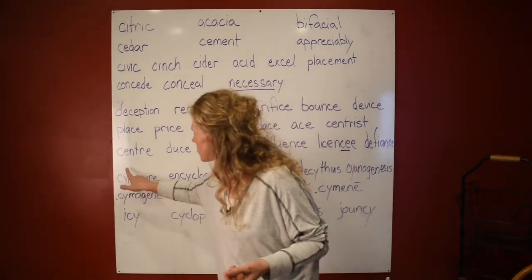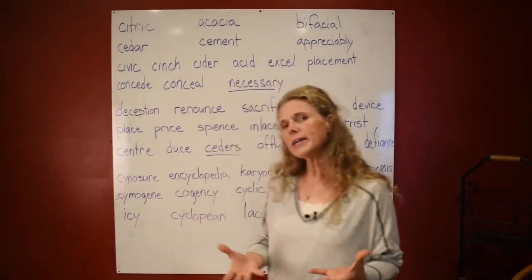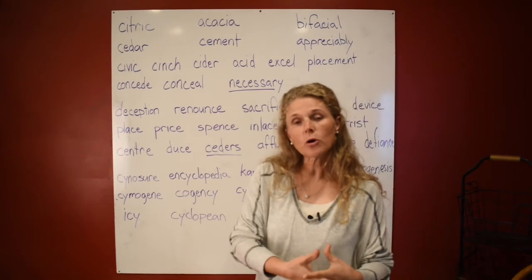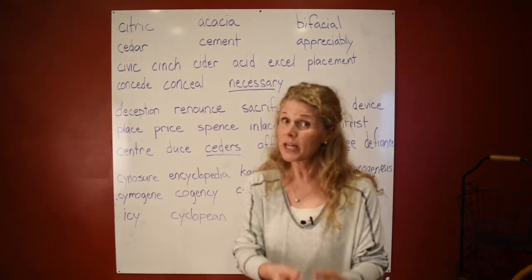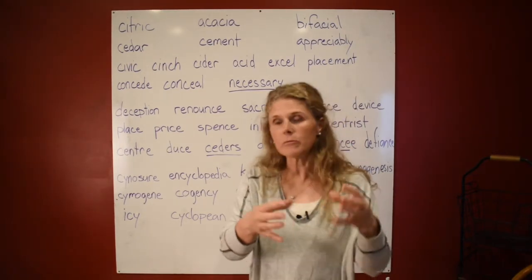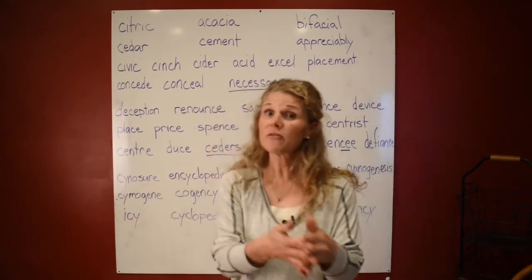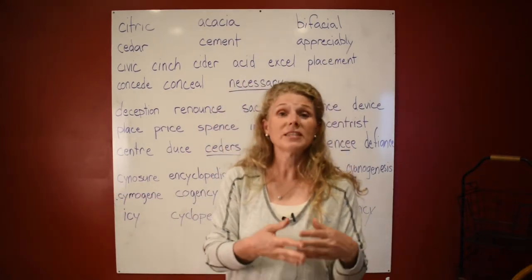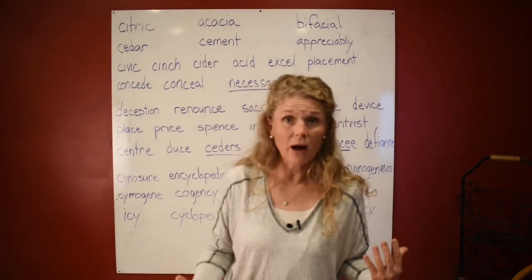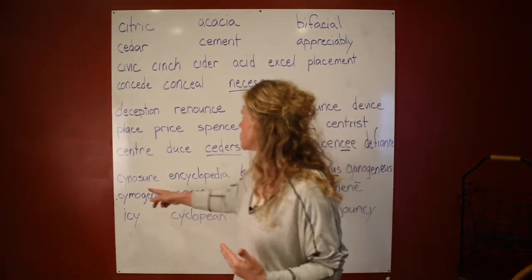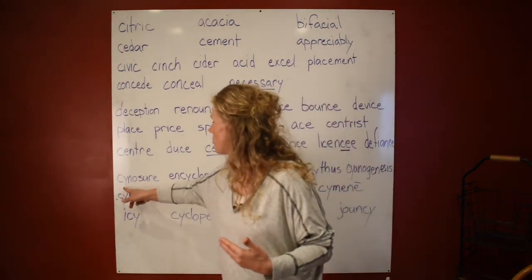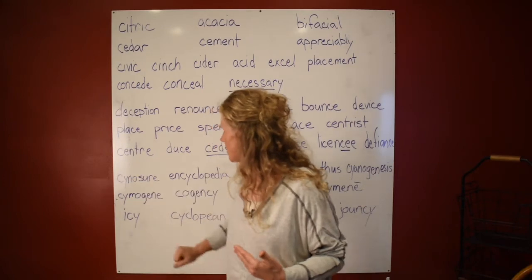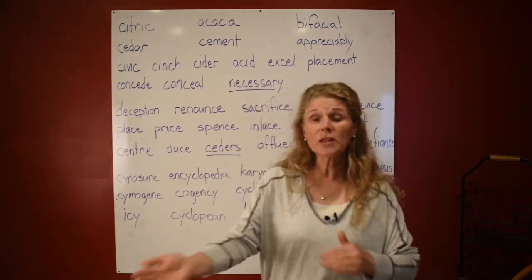Now look how this is open, and Y's when they are in the middle of a word, you can identify them as Greek. Not at the very beginning, because Y's at the very beginning say the Y sound, they're not a vowel, they're a consonant. But Y's in the middle, not at the end.